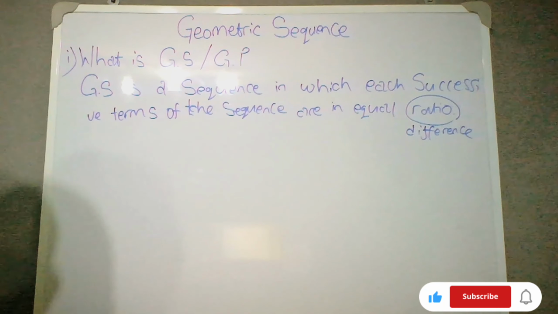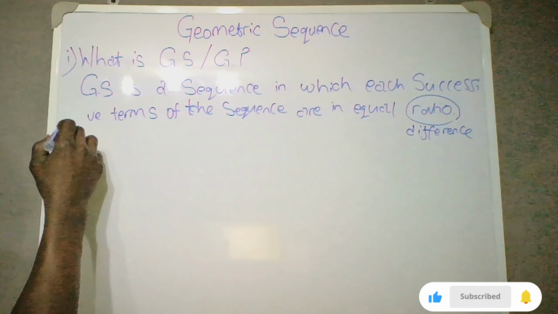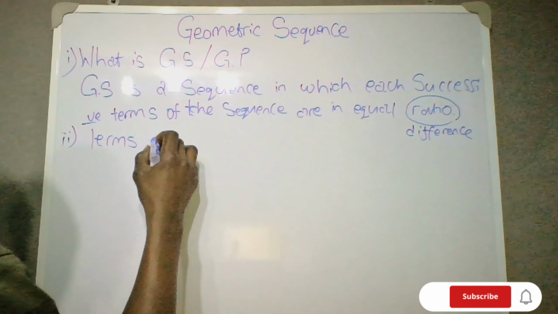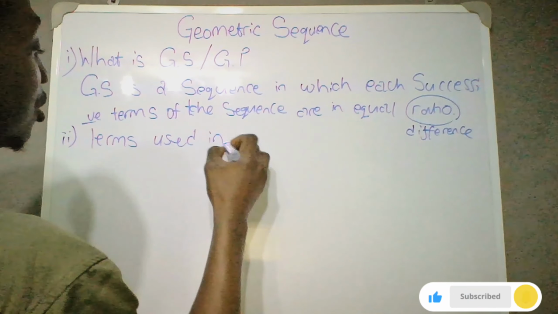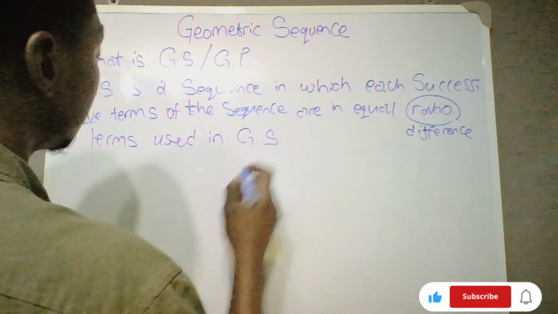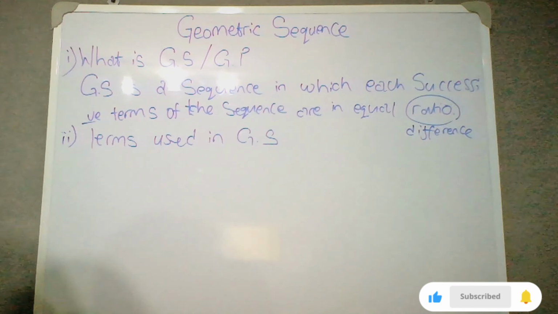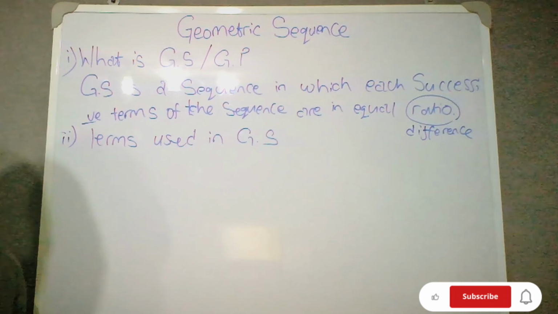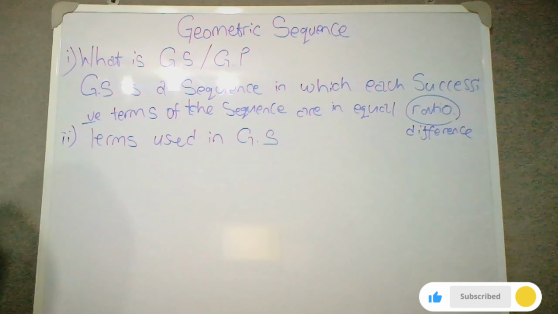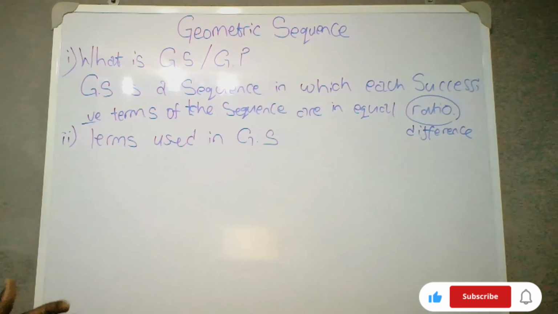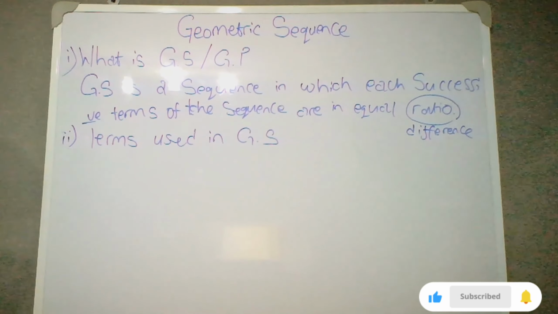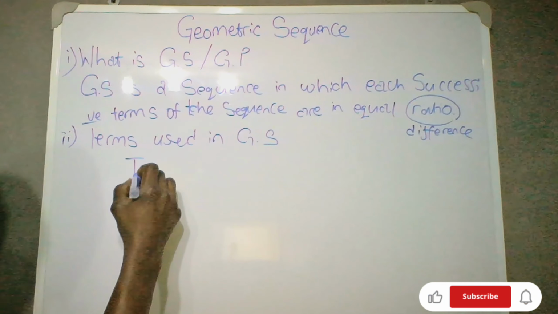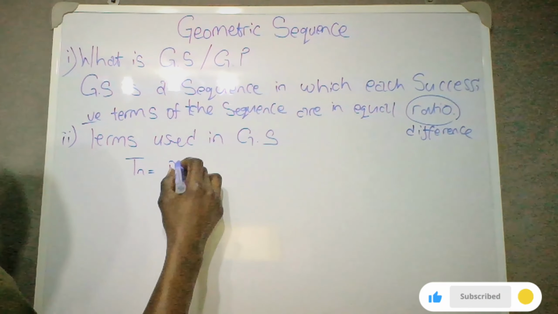So let's take down the terms. What are the terms used in GP? Just like we have in arithmetic progression, where we have the first term, the difference, and the end term, here in geometric progression we also have the same thing. We have the end term, which we denote as this end term.